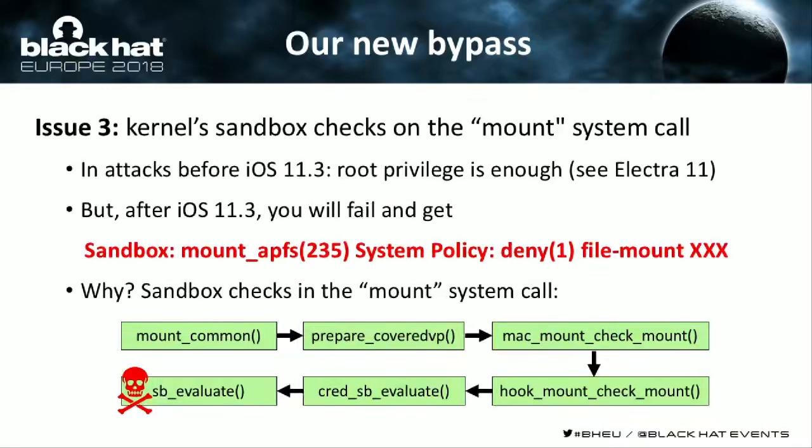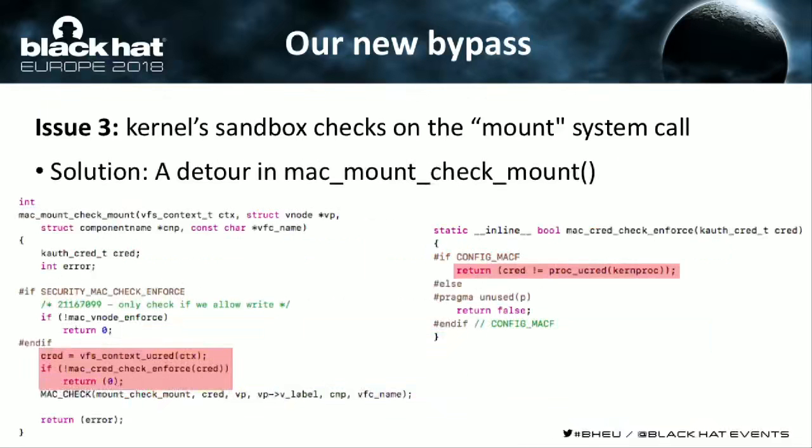This error is caused by a sandbox check. In order to bypass this sandbox check, I found a detour in the kernel function mac_mount_check_mount. In this function, we can use the kernel credential to stop the system from performing further sandbox checks.